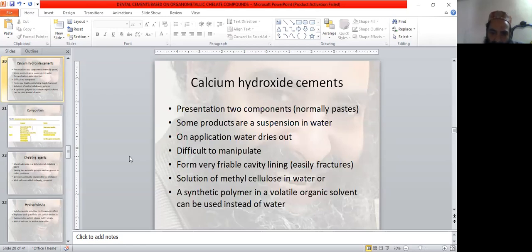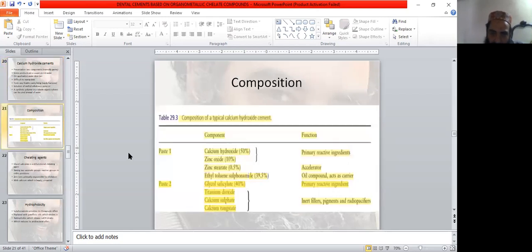Solution of methyl cellulose in water or a synthetic polymer in a volatile organic solvent can be used instead of water. Composition of a typical calcium hydroxide cement is calcium hydroxide 50%, zinc oxide 10%, zinc stearate 0.5%, ethyl toluene sulfonamide 39.5%.